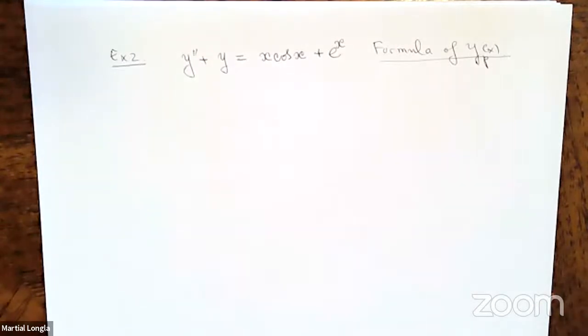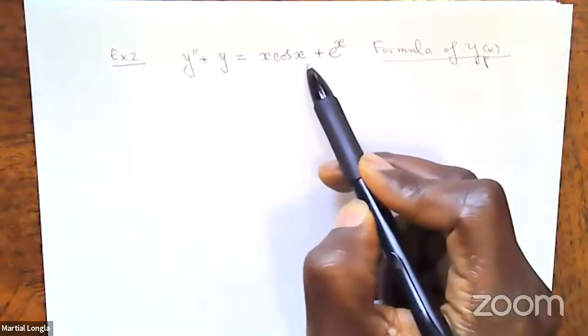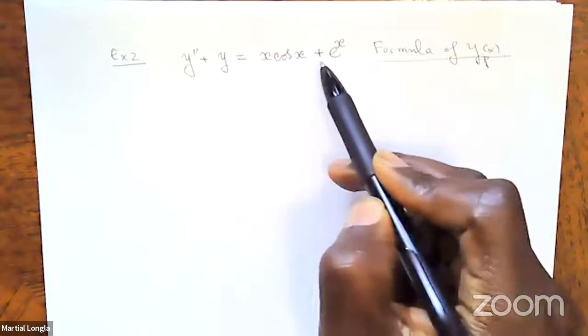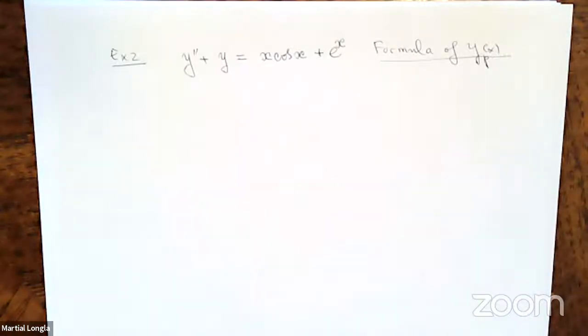And remember, as I said at the end of the previous lecture, when you have two different functions like this, that means you need to write yp for each of them and then add them to get yp for the whole equation. So there are two pieces in this problem.